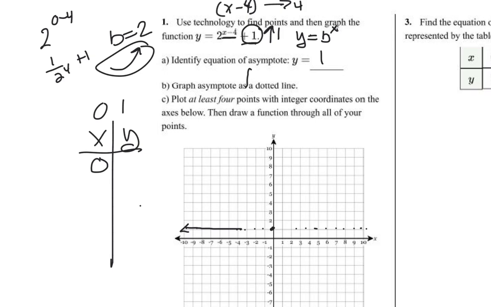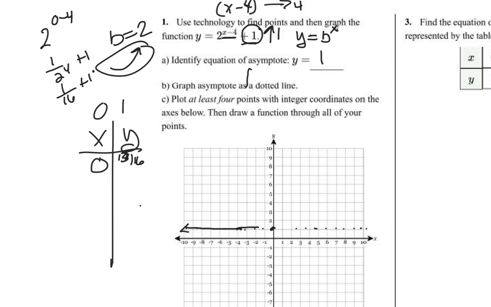So this would be 1/16 plus 1. Oh, sorry, 17 over 16. So it's a little bit more than 1.